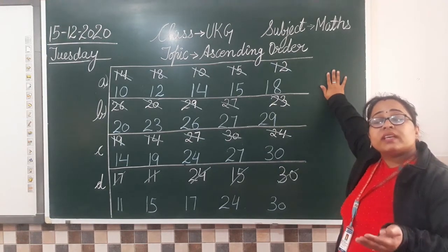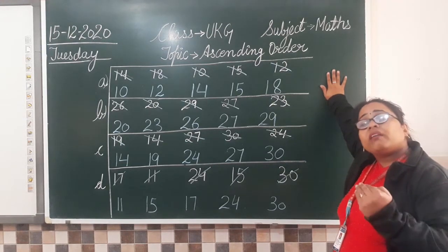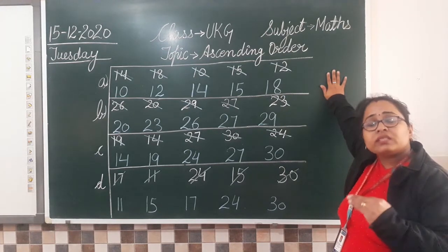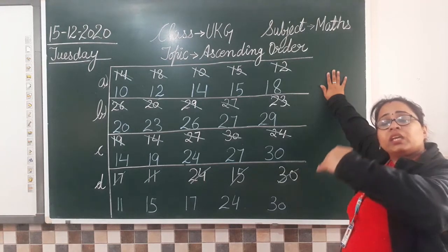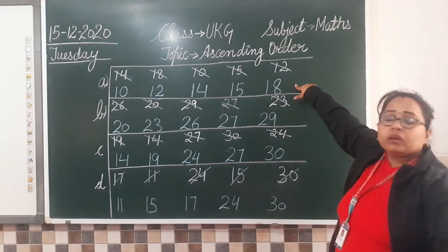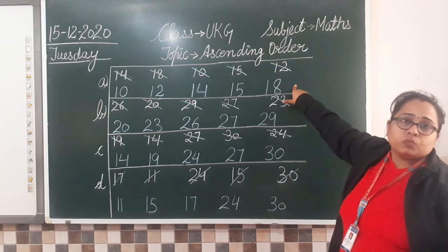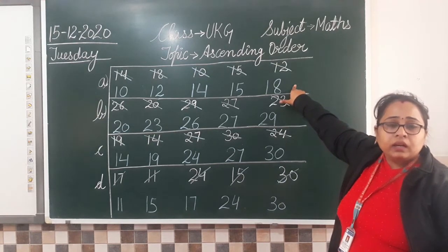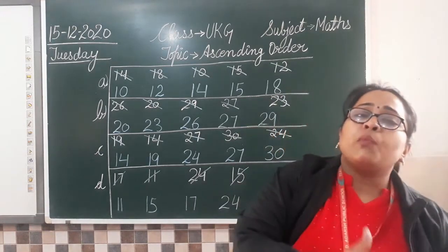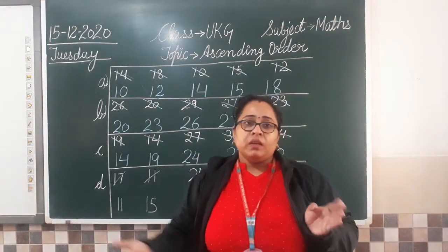And that order is ascending order. And when we are writing in ascending order, we always write the smallest number first and then we keep on moving ahead and complete to the biggest one. Clear? So ascending order is writing numbers from smallest to biggest.